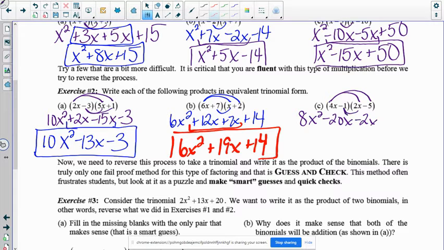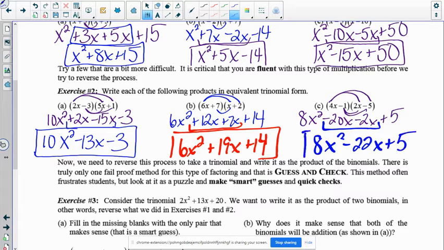Oh, and I'm going to be super careful here because I have a negative and a negative. A minus and a minus is going to be a plus 5. I've got 8x squared minus 22x plus 5. No shame in using your calculator. We don't need anybody making mistakes that aren't needed.